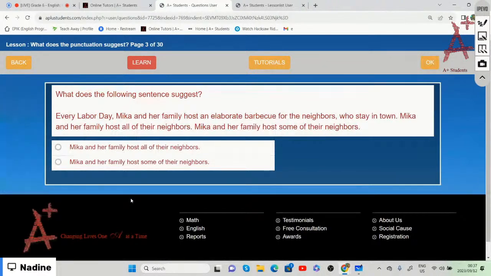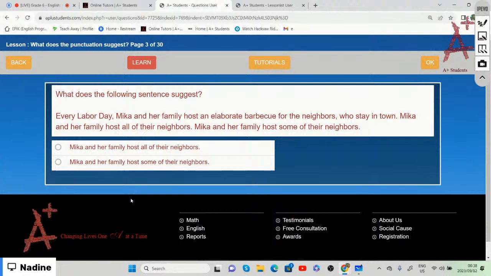Every Labor Day, Mika and her family host an elaborate barbecue for the neighbors who stay in town. Mika and her family host all of the neighbors, or Mika and her family host some of the neighbors.